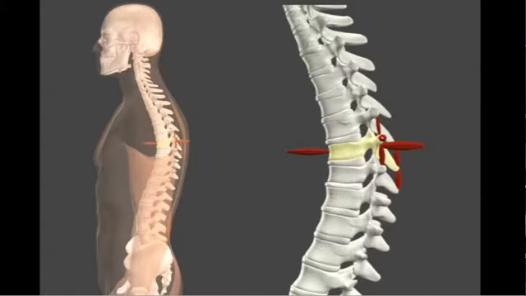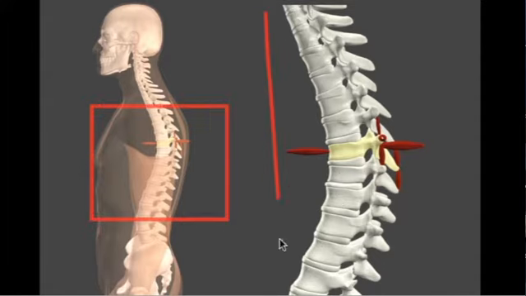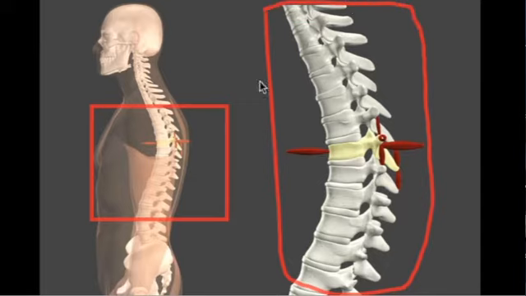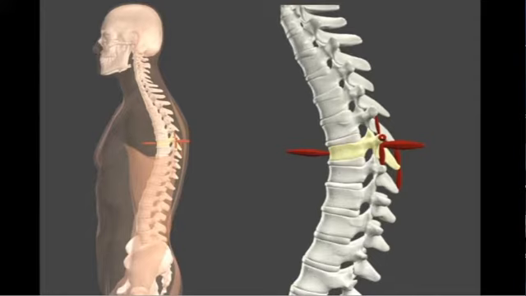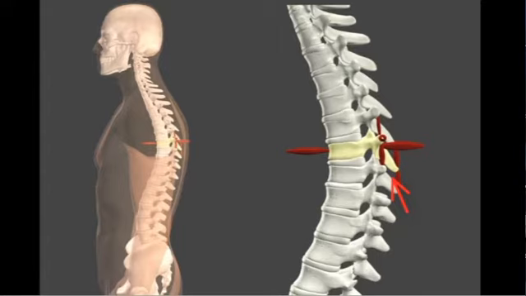If we look at the side view, again, we're looking at that same section of the spine from here. That's just been enlarged over here, and we're looking at it in this little section. When you look at that and you look at the motion of the bones, you could see if the entire body tilts forward, you have muscles in the back here that can pull that spine back.